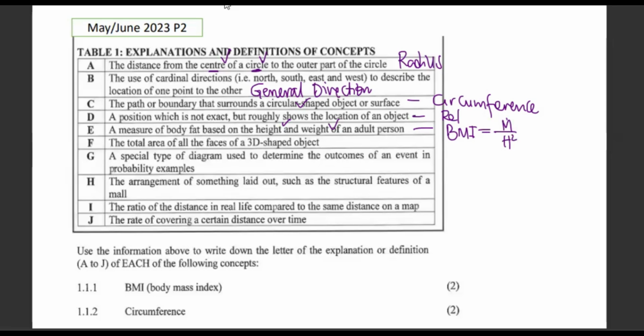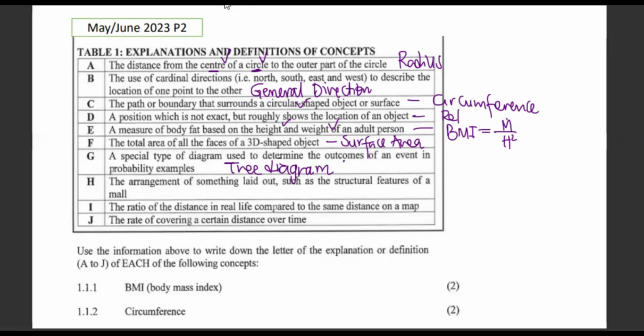The total area of all faces of a 3D shape is surface area. A special type of diagram used to determine outcomes of an event in probability is a tree diagram.